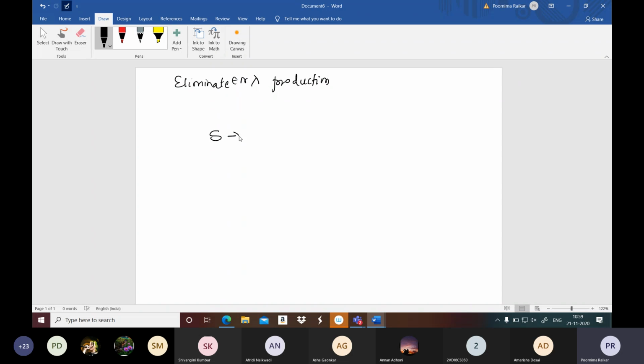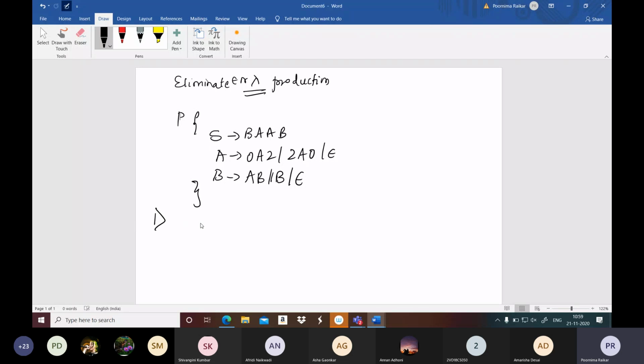S goes to BAAB, A goes to 0, A2, 2A0, epsilon, then B goes to AB, B, 1B, epsilon. So this is the production which has been given. They have asked you to eliminate epsilon production. So first step, you identify which are the variables which tend to epsilon. By seeing this, you can easily say A tends to epsilon, B tends to epsilon.